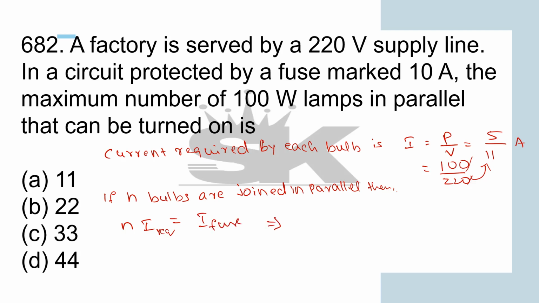So n equals I fuse by I required, where I fuse is 10 amps and I required is 5 by 11. That is 110 by 5, which equals 22. So the answer is option B, 22.